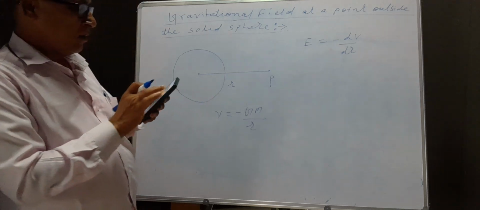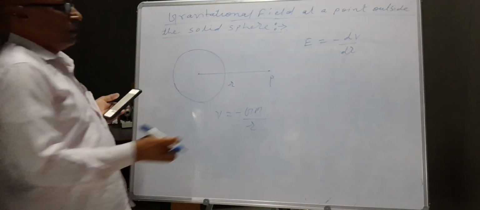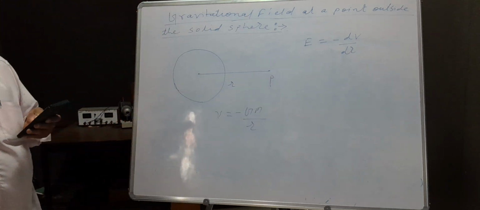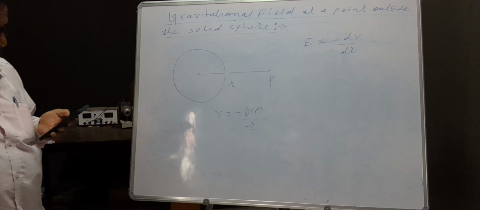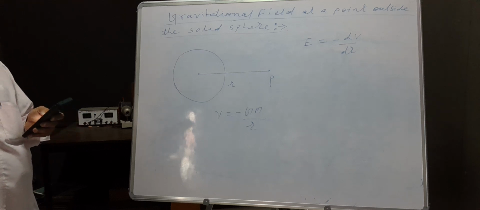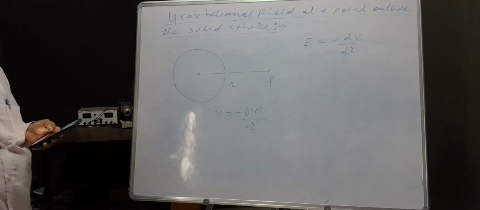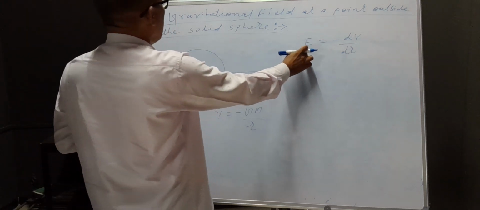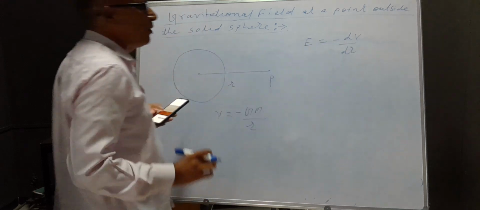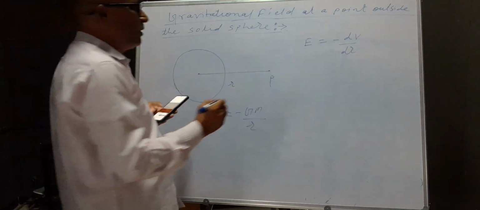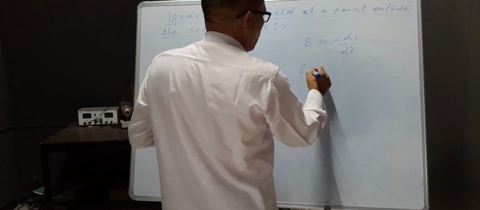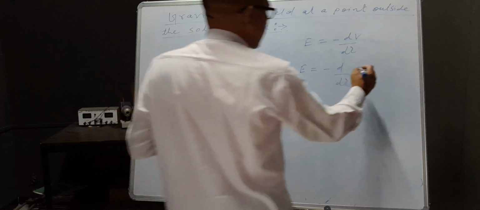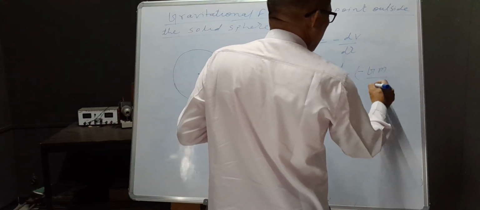This is the gravitational field intensity. As the gravitational field at a point is equal to the potential gradient, E equals minus dV by dr. In this equation, we put E equals minus d by dr of minus GM upon r.